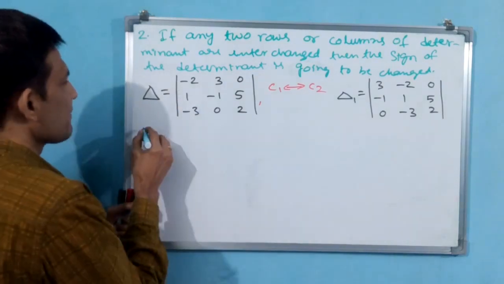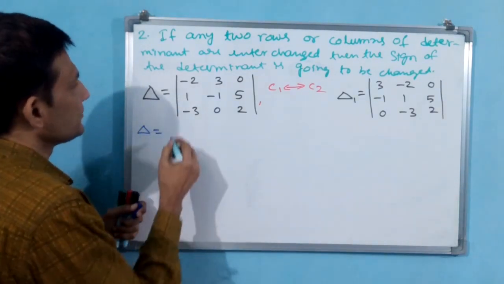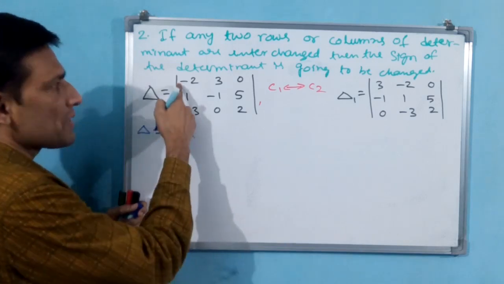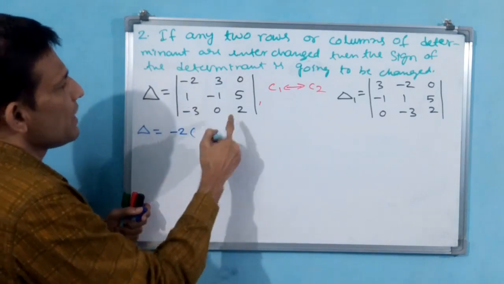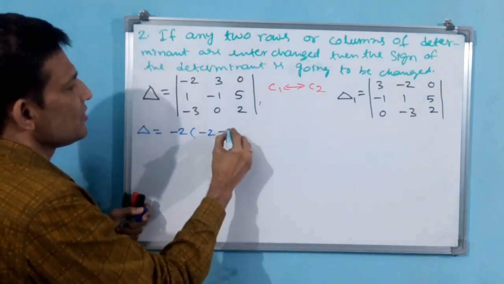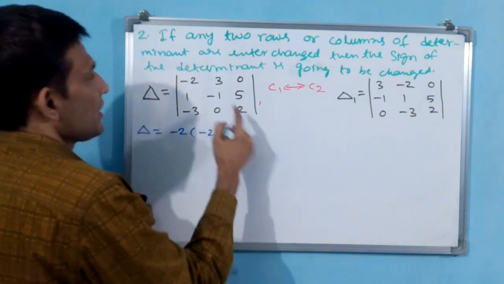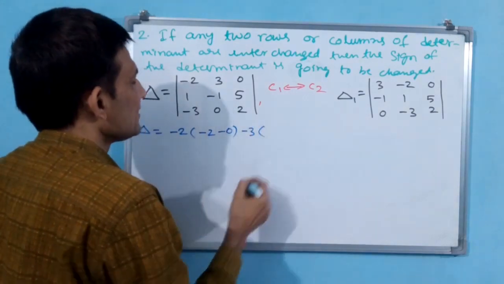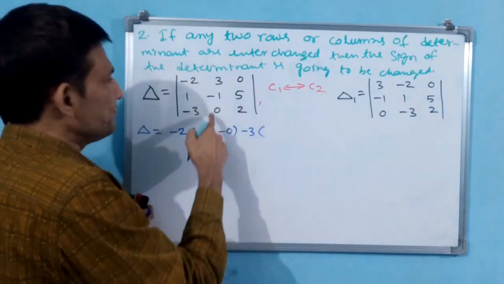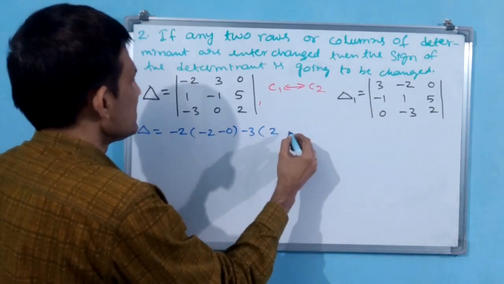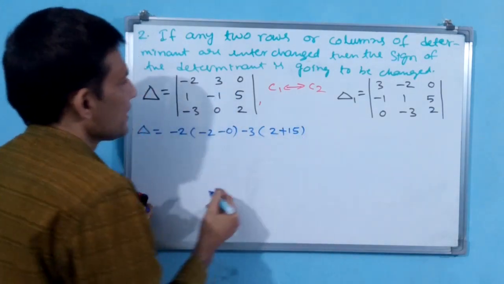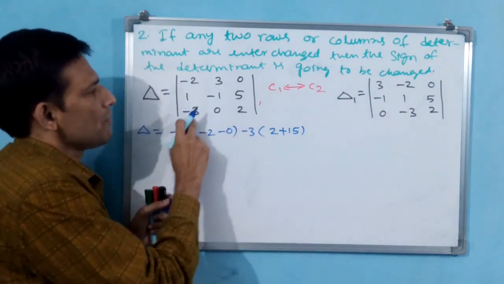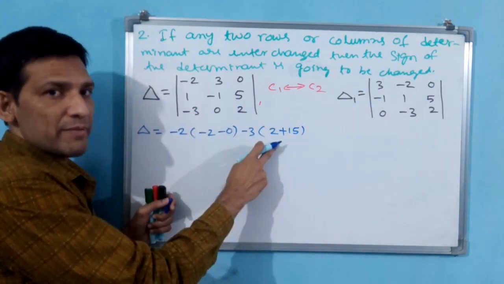Let us find delta first. Delta is equal to -2 times (-2 minus 0), since plus we have to take but already minus is there. Now -3 we have to take, times (2 minus of minus 15, plus 15)? It is 2 minus 15, but minus is there, AD minus BC.